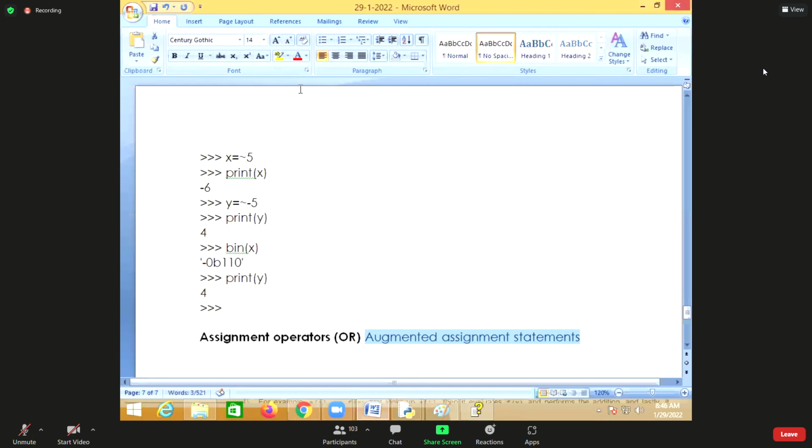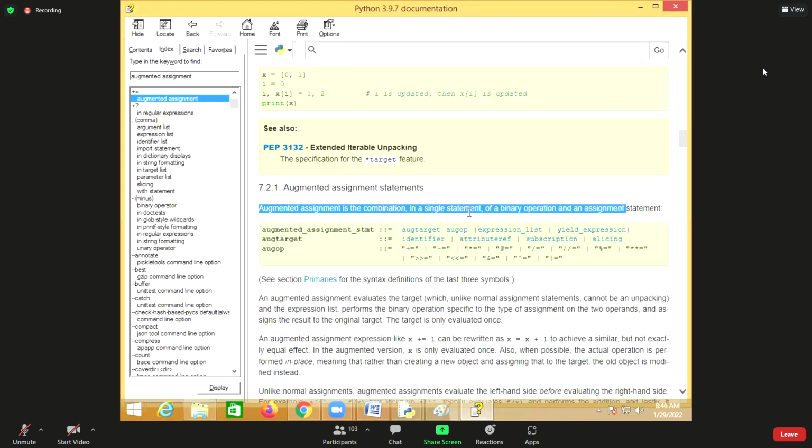So it is a single statement where you do two operations. One is the assignment as well as the arithmetic operation, or binary operation.